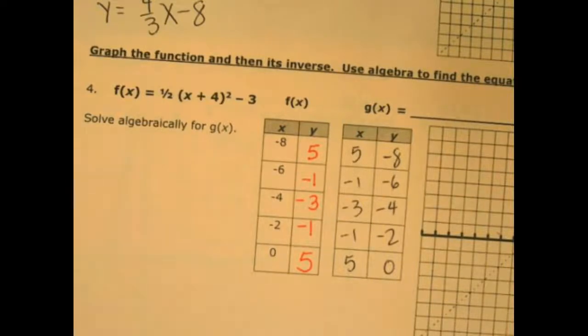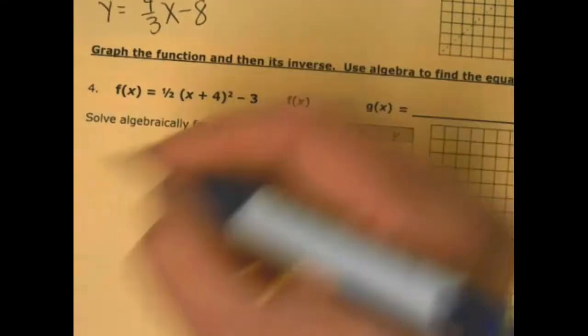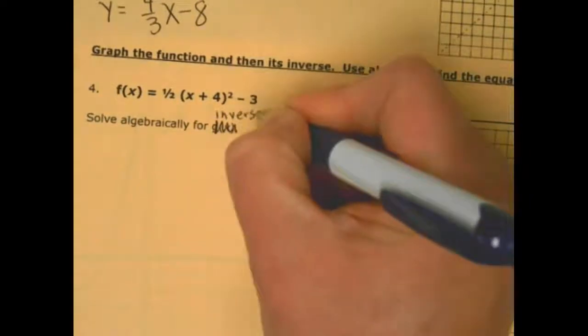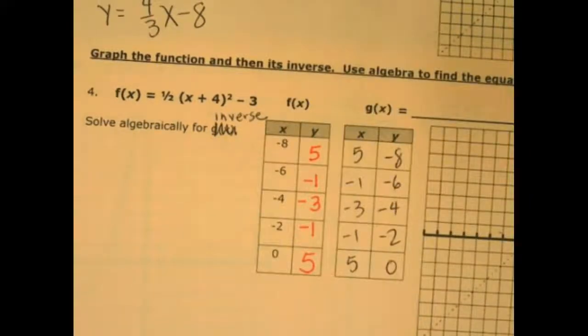You just switch the x and the y. But when you have an equation, you can also find the inverse from algebra. But you always find the inverse the same way, switching the x and the y.